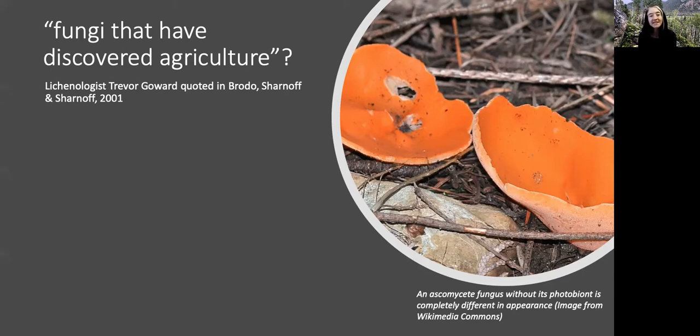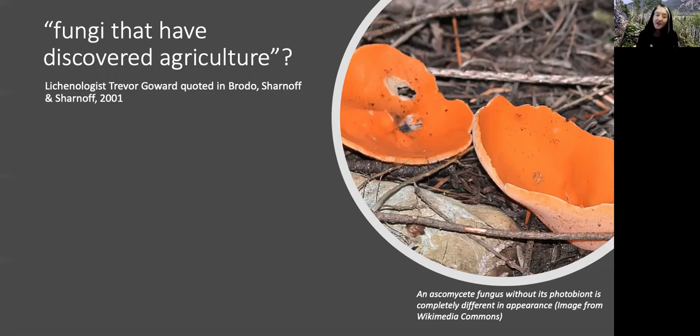The term cephalodia, when it's referring to lichen, means that you see a three-way association with a primary alga and a secondary cyanobacteria. And this can enable the partners to get what they need from the relationship, for example, fixed nitrogen. But what we can say overarchingly is that the whole is different than the sum of its parts.